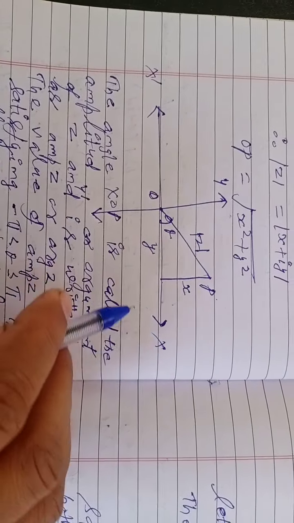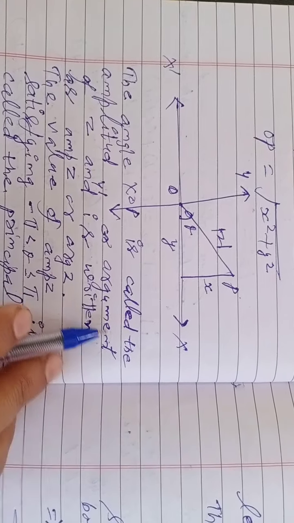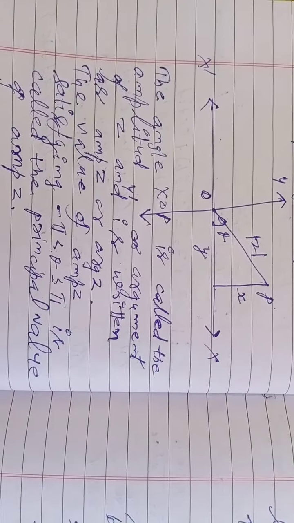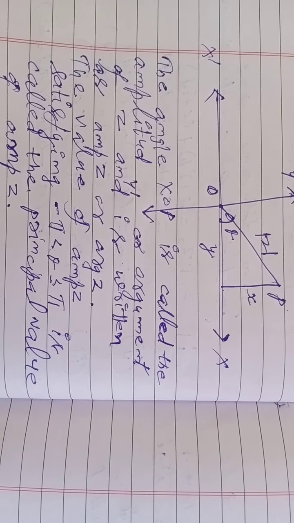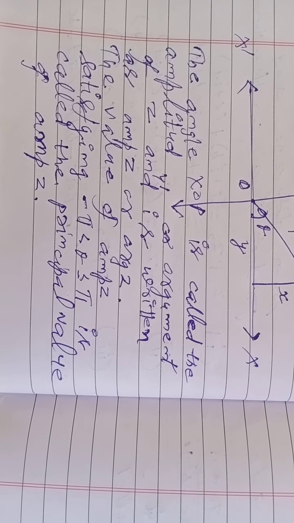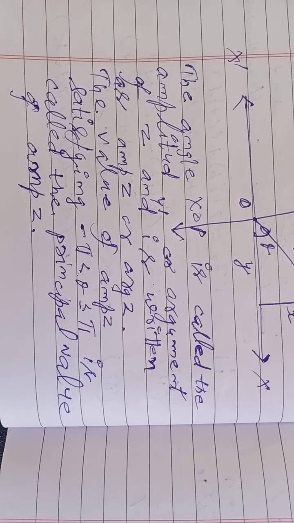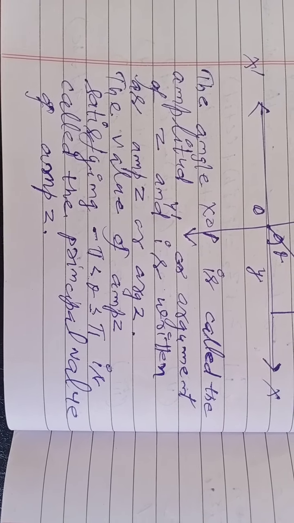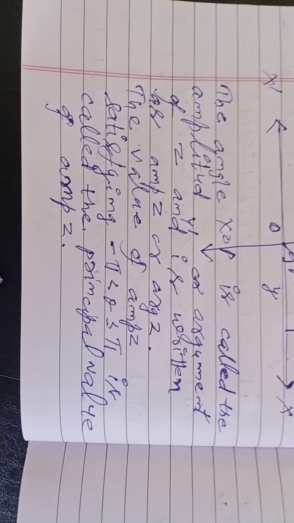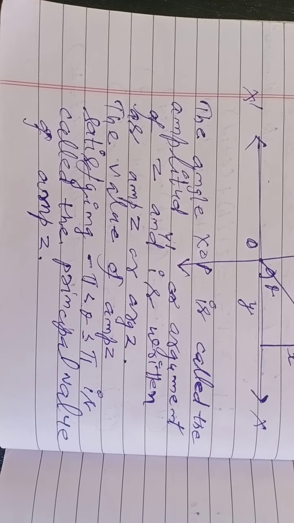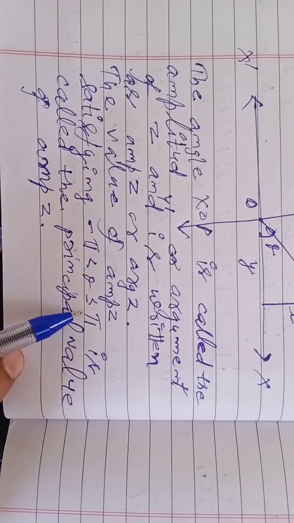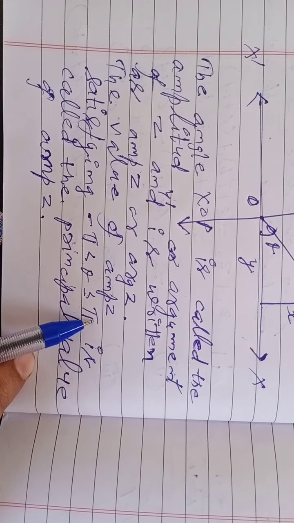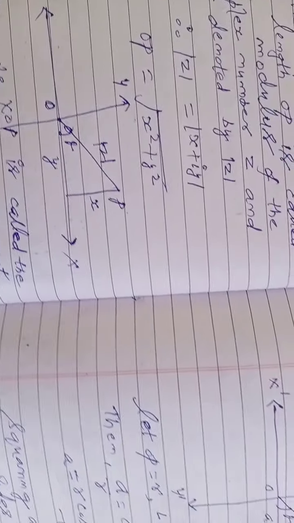The angle XOP is called the amplitude or argument of z and is written as amplitude z or arg z. The value of amplitude satisfying minus pi less than theta less than or equal to pi is called the principal value. It means the value between these two will be the principal value.